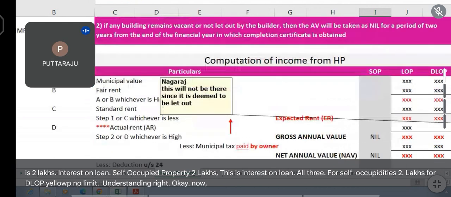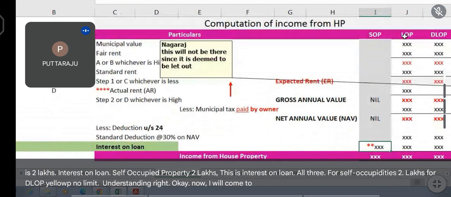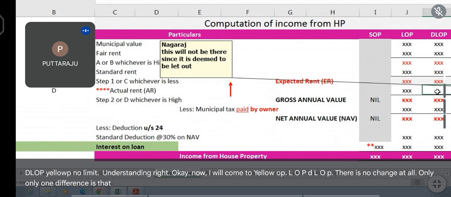Now I will come to LOP. LOP, DLOP, there is no change at all. Only one difference is that in DLOP, you are deeming it as let out, hence there is no rent received. You guys agree with me? Yes, sir.